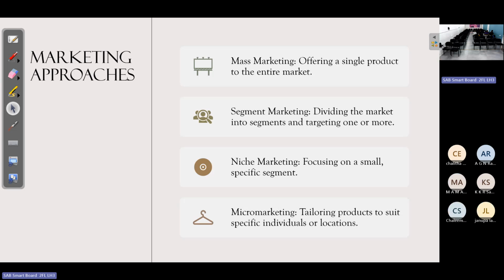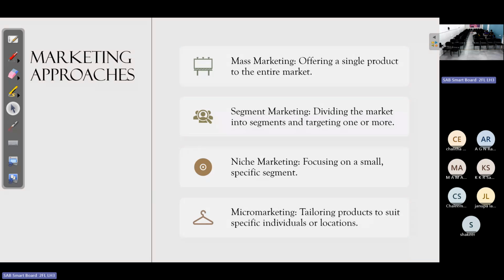For example, in segment marketing we may serve all income level customers: high class, middle class, lower level. We serve everyone. But in niche marketing, we only focus on highly earning consumers. That means we produce products for high class people only. That's what we call niche marketing.